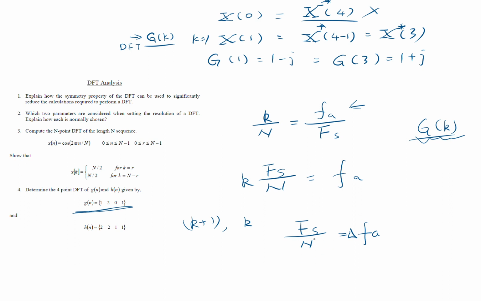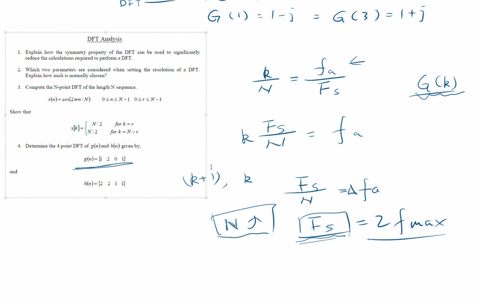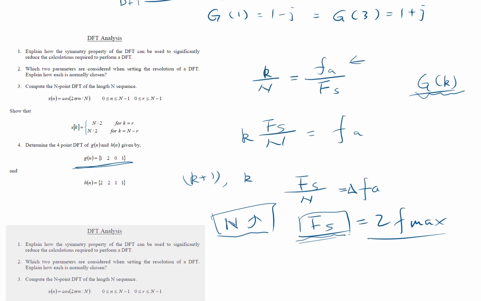If you want a higher resolution, you want to take more samples. You have to set fs at twice the maximum frequency in your signal. So probably this one you can't do much, but if you want to have a higher resolution, you can take more samples. That's the second question.